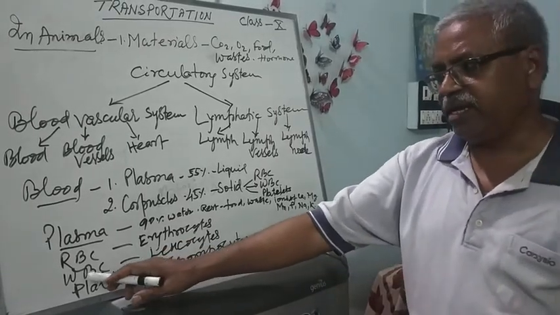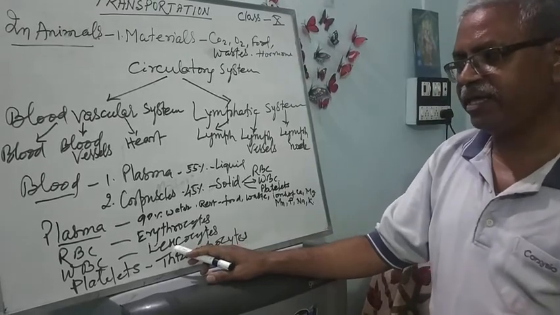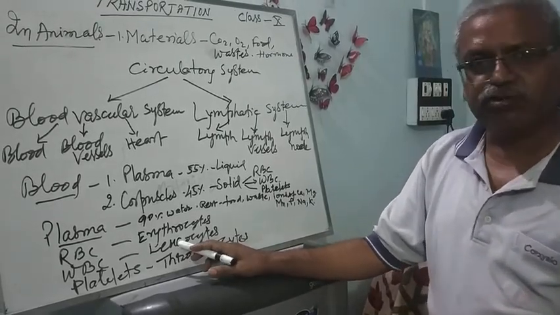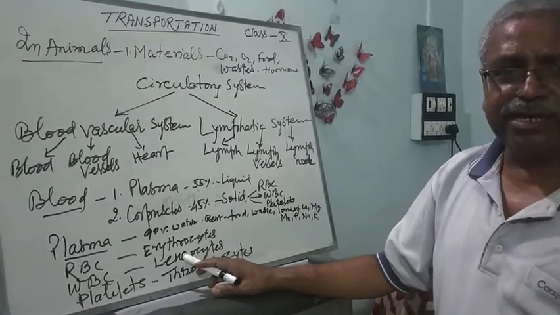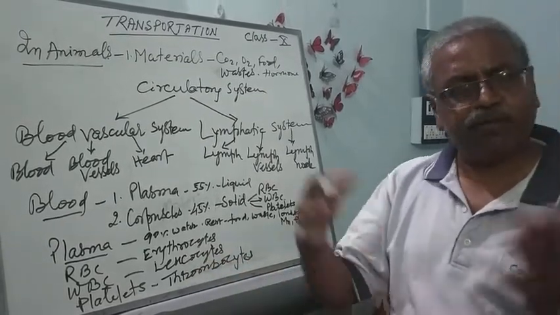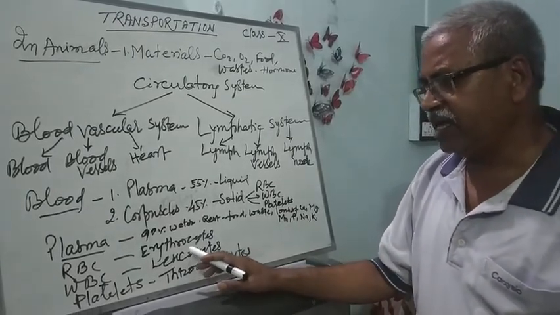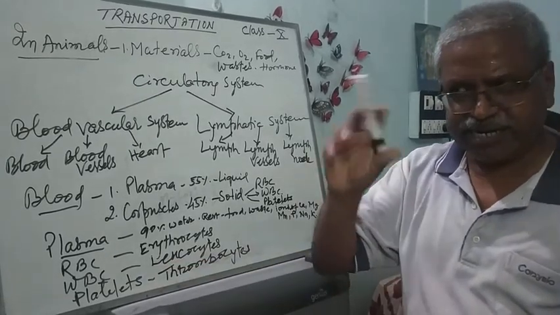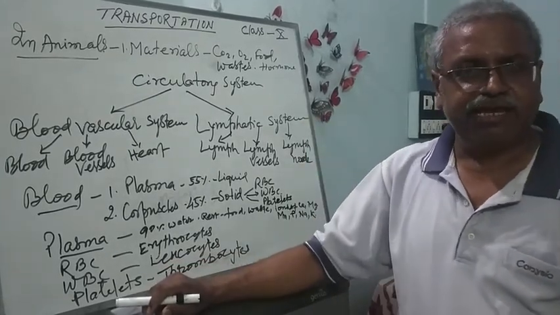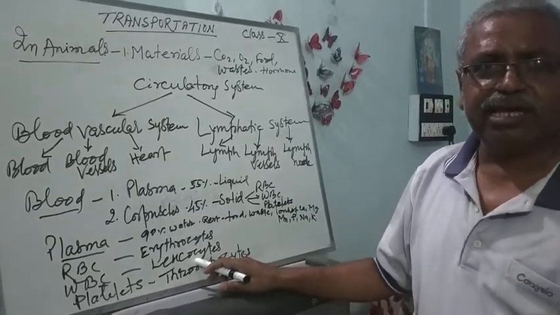Now WBC, which is known as leukocytes, is a nucleated cell, but its shape may be of different shapes. It is of two types based on granulation, granulocytes and agranulocytes.